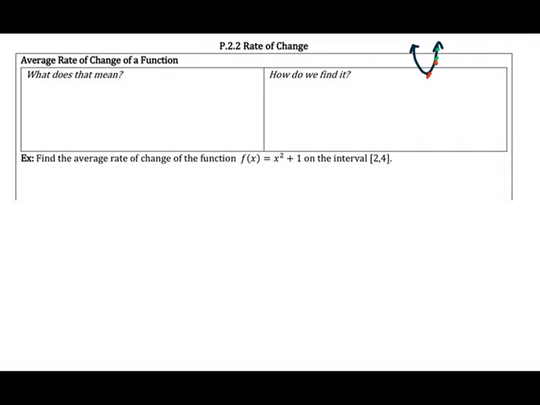So average rate of change of a function, which I'm going to abbreviate AROC, A-R-O-C, is really just talking about the slope. So what does it mean? It's talking about the slope, but in a sense that it is not always constant.